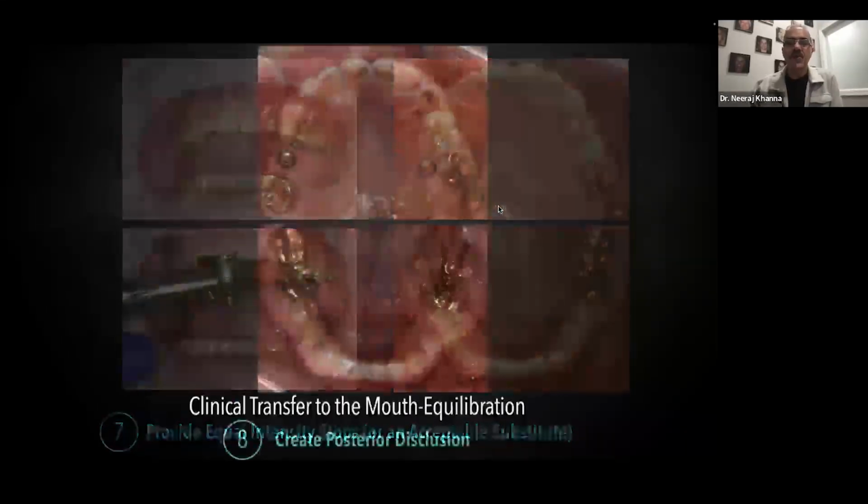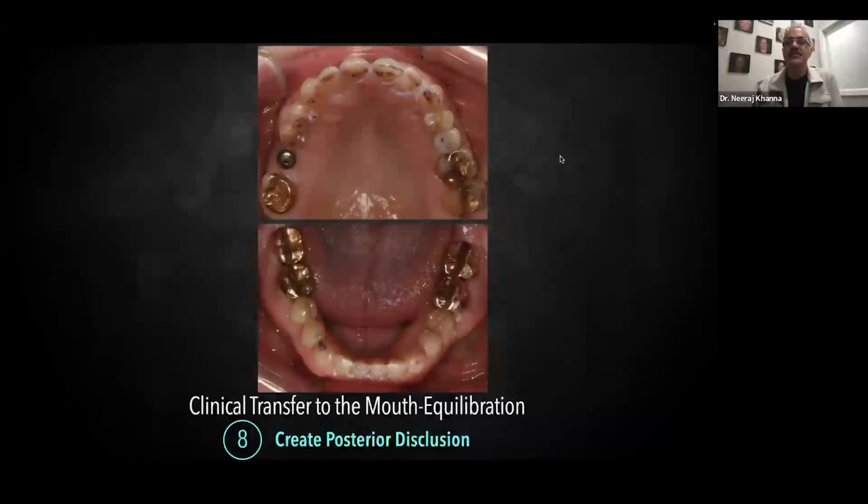We start building on that and we begin the occlusion. And this is David basically fully equilibrated with posterior disclusion. We have canine guidance, we have anterior disclusion, we have centric stops on all the teeth. You may not see them clearly on the gold restorations, but they're there. But I've created a stable occlusion for David based on all the work that we did on the models.